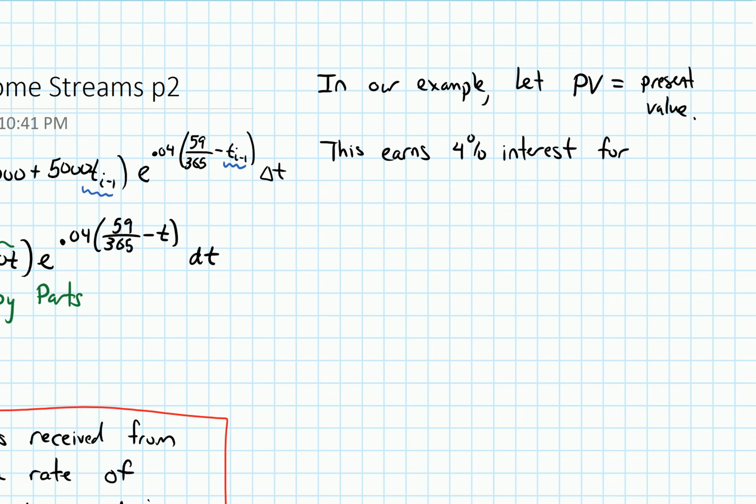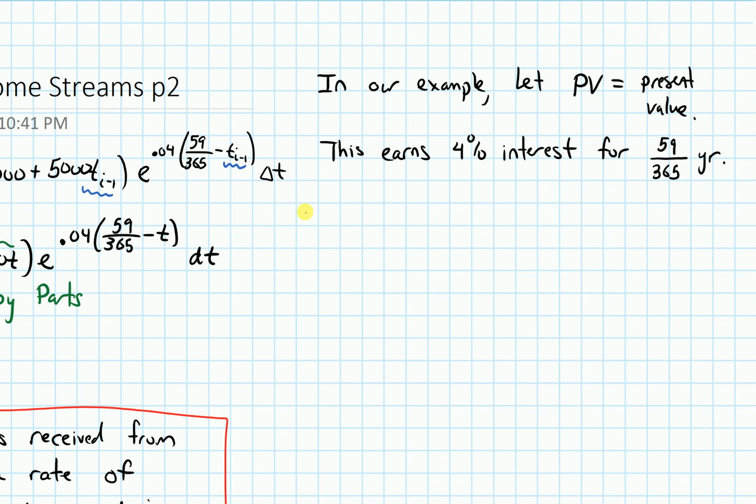That was the interest rate per year for how much time? We saw in the last video that the amount of time was 59 days for these 2 months, February and March. But we convert that to years by dividing it by 365. So it's 59 over 365 of a year. That is how much time this unknown present value would have to earn interest.